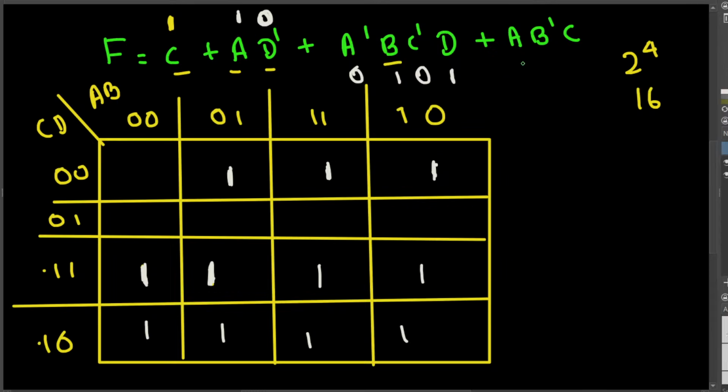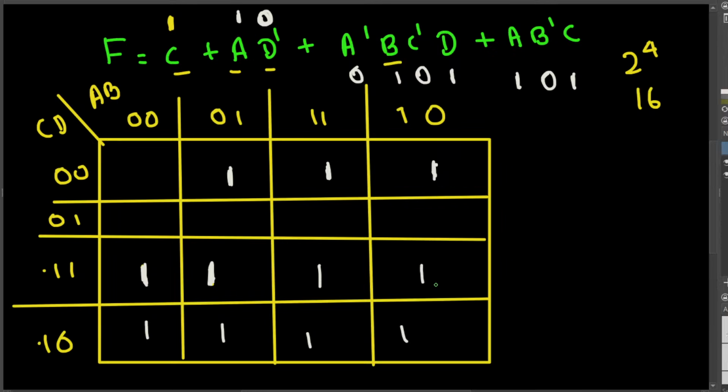What about this one? We have 3: A is 1, B is 0, and C is 1. A is 1 in these 2 columns. Then B is 0 only in this column right here.